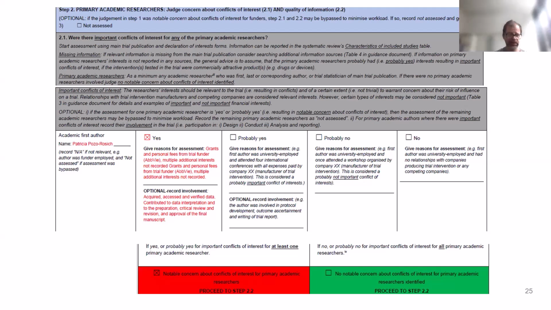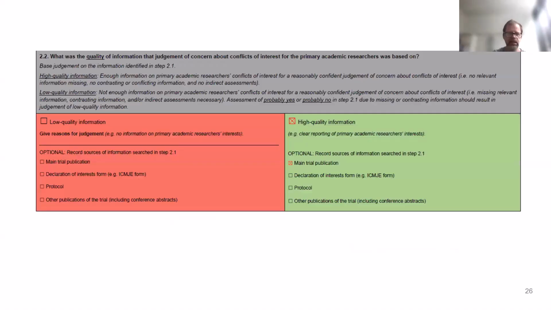And this was the case for this first author. So we also have notable concern about conflicts of interest for the primary academic researcher. And in line with the quality of information for the funder, also here our assessment is based on high quality information.